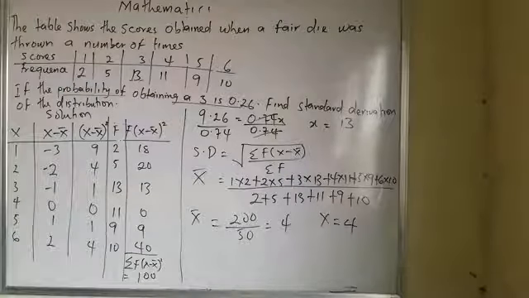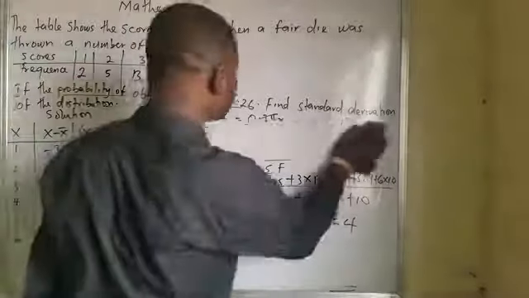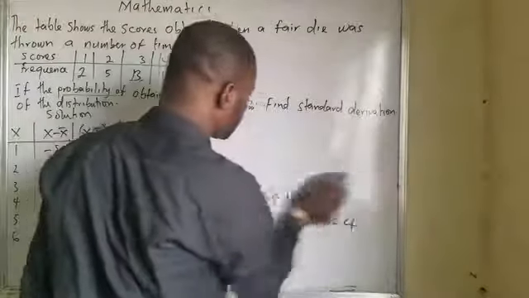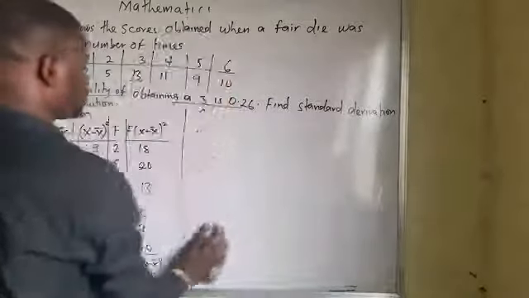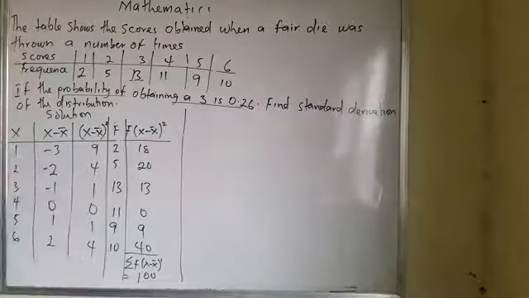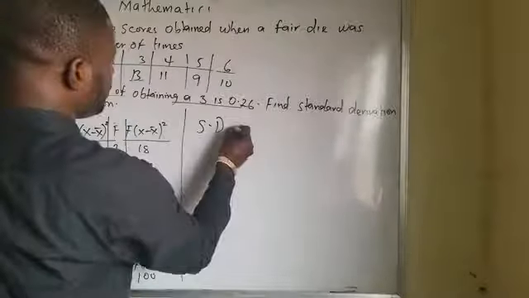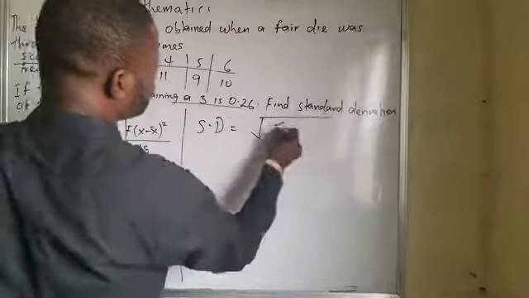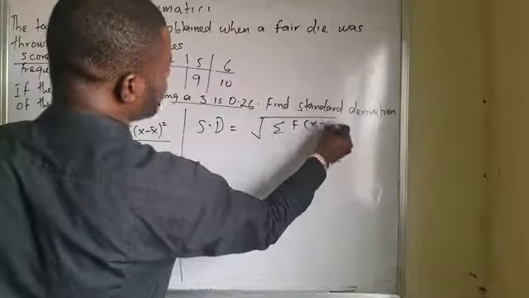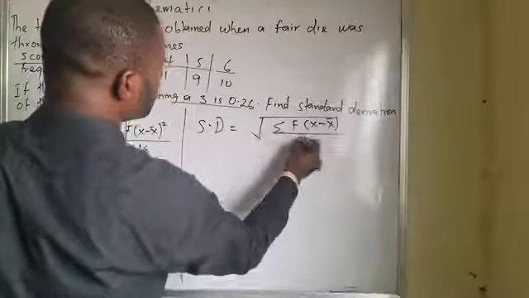Now it means my standard deviation, my SD, will be equal to the root of the summation of f bracket of x minus x bar squared divided by the summation of f.